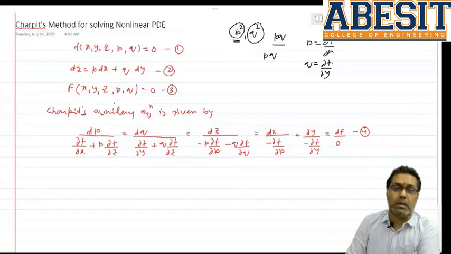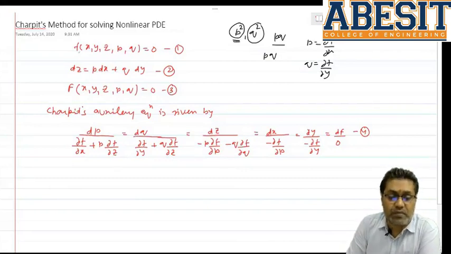Suppose we have a non-linear equation of this form, f(x, y, z, p, q) = 0, where z is a function of the two variables x and y, p stands for del z upon del x, and q stands for del z upon del y.